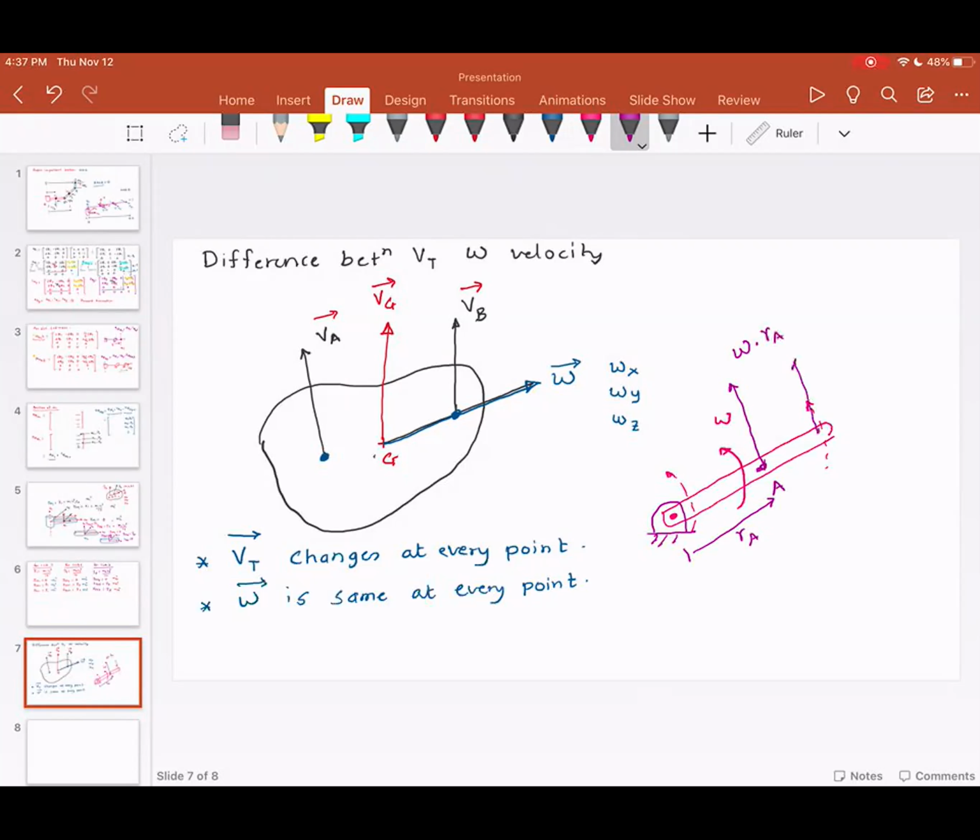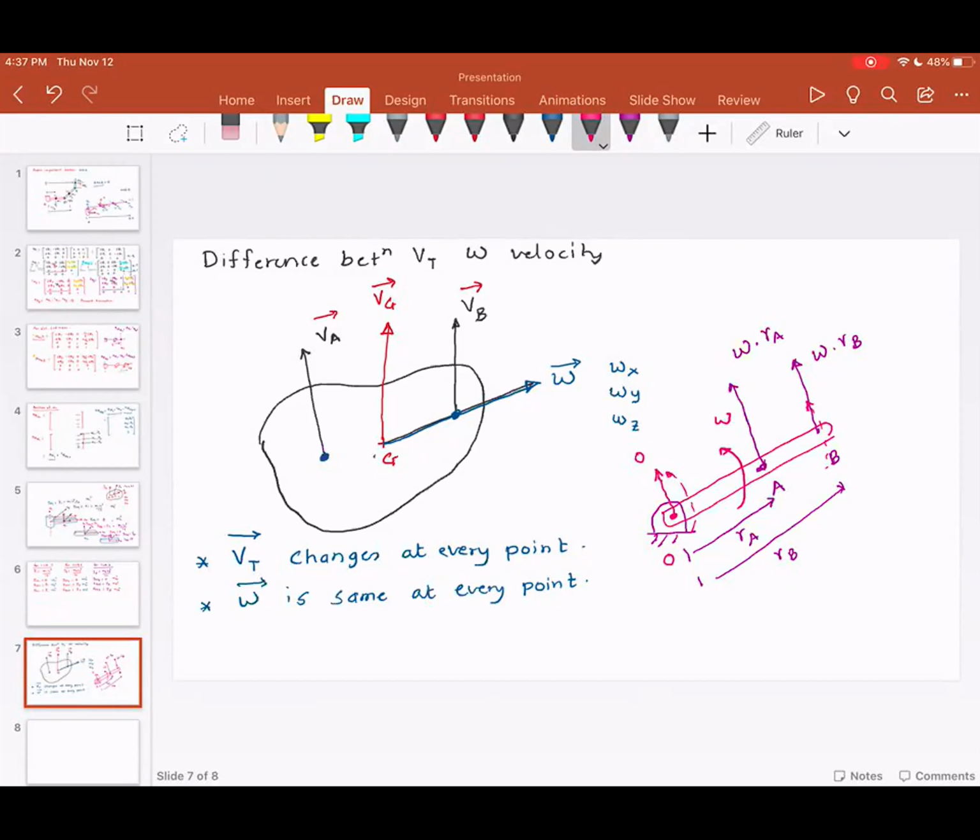The linear velocity at point B, with radius RB, is going to be omega RB, and the translational velocity at the hinge is going to be 0 because the radius is 0.